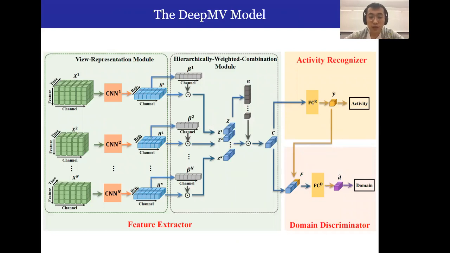It has a feature extractor to extract high-level features from heterogeneous data and fuse them into a combined representation. The model also has an activity recognizer to infer the human activity labels from the representation, and a domain discriminator to infer the domain label.